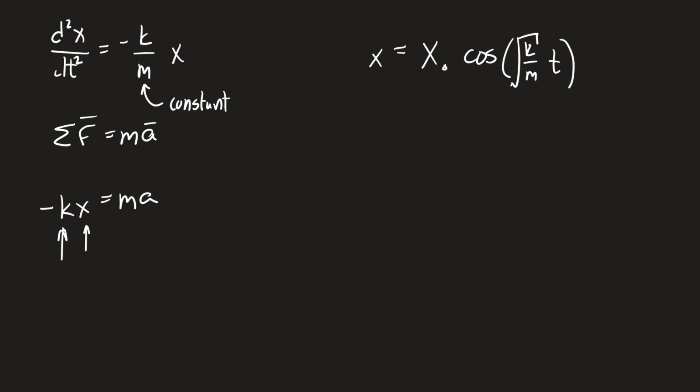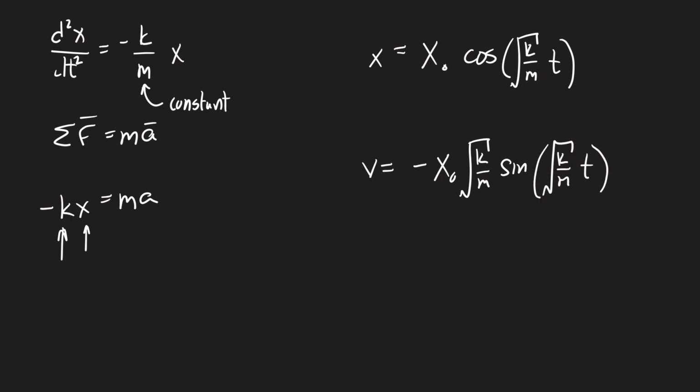If we follow this to the end, v, which is dx/dt, is going to be minus x naught times the square root of k over m, times the sine of the square root of k over m times t. Take the derivative again, we get acceleration equals minus x naught k over m times cosine of the square root of k over m times t.